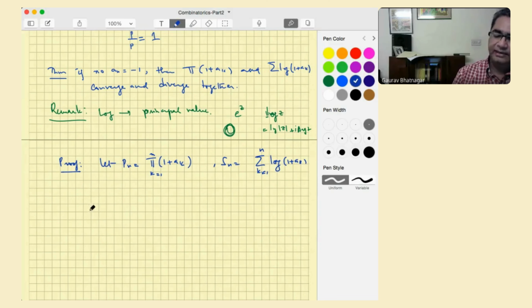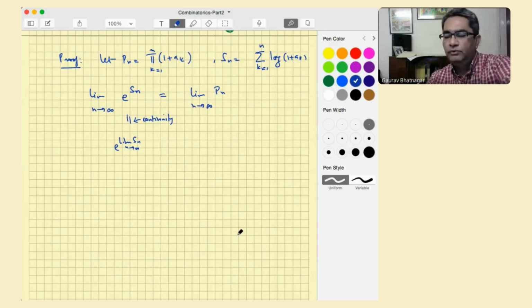Then the limit as n goes to infinity of e raised to the power Sn is the definition of the limit of Pn. And if we take e to be continuous, by continuity this is e raised to the power of the limit of Sn.